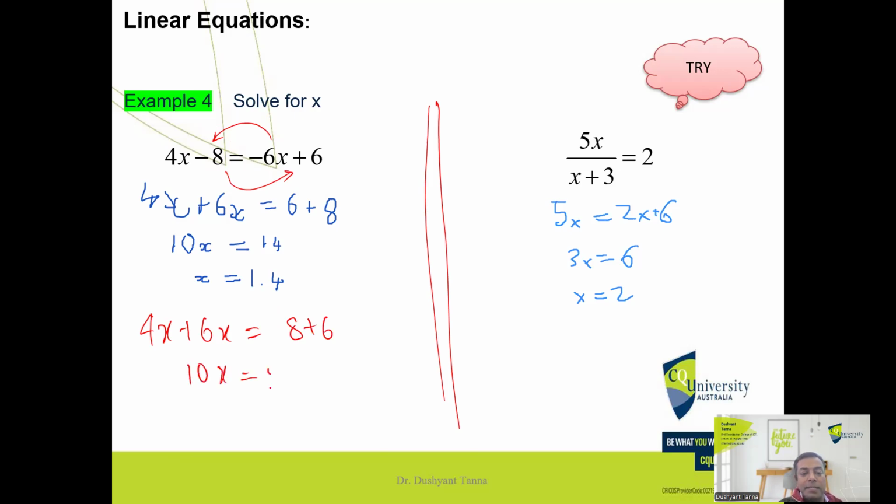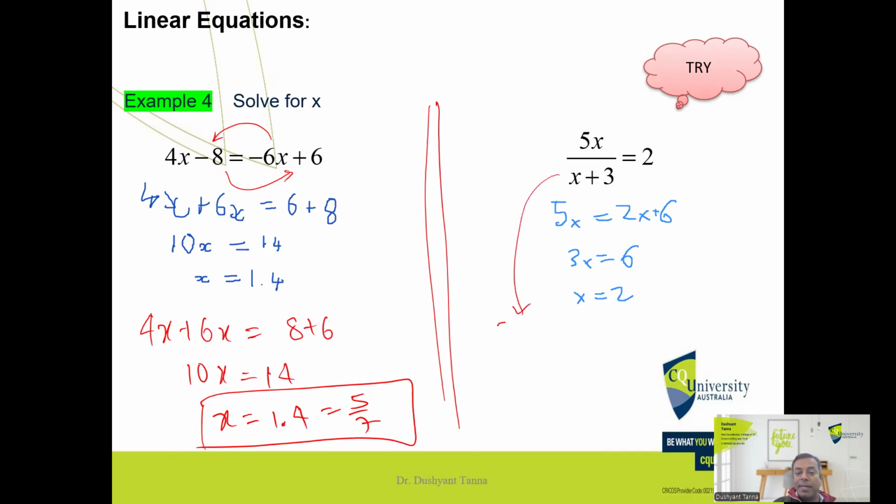So 10x is 14 and x is 1.4 or 7 over 5. Don't leave 14 over 10 because that can be simplified. Again, 5x is equal to 2 times x plus 3. So this is perfect, 2x plus 6. When you shift it, 3x is 6 and x is 2.